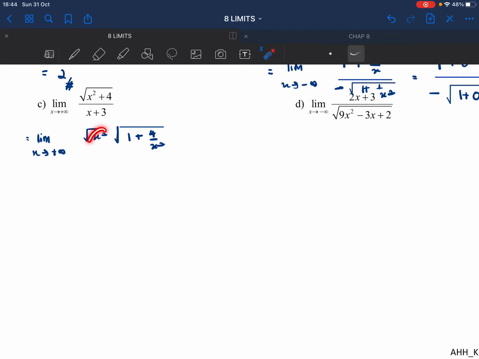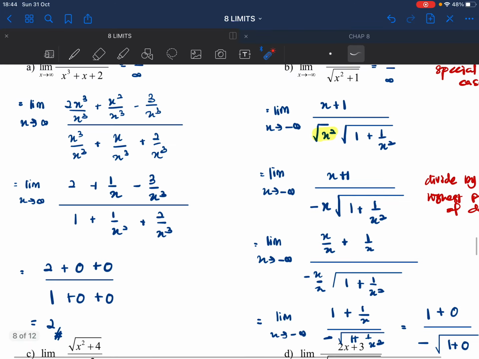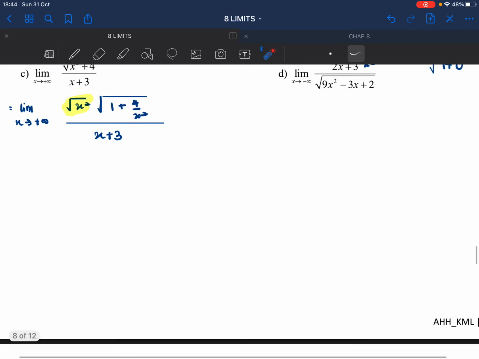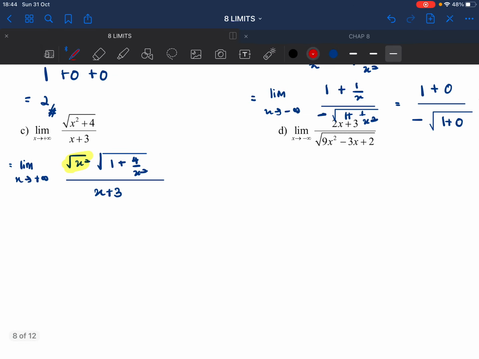Okay, check back. X square times 1, we get x square. X square times 4 over x square, we get 4. Okay, over x plus 3. So our square root x square here, we are going to put as positive x, since x approaches positive infinity. I will write it down if you don't understand.